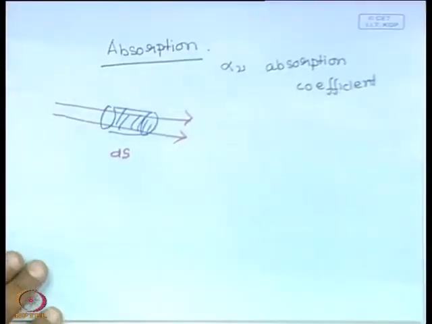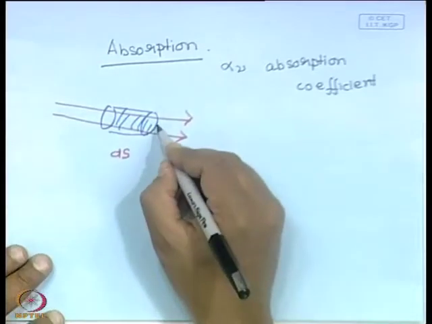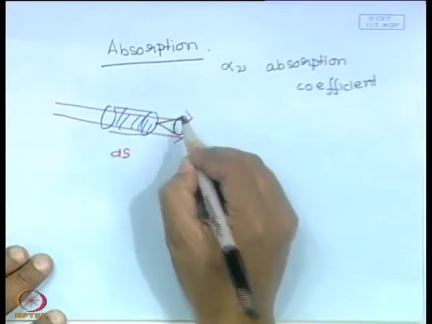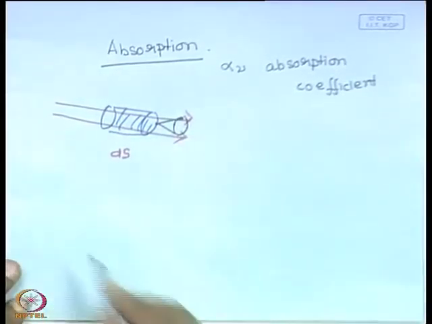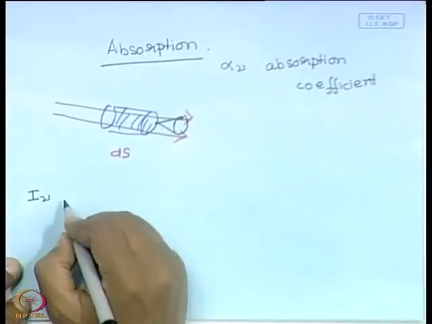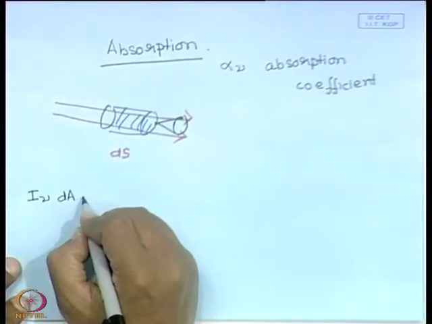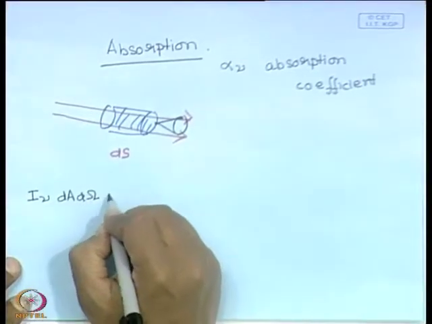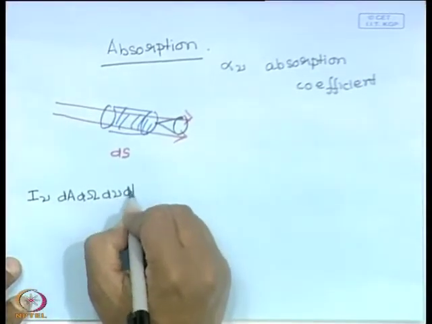Okay. Here again let us go through the same exercise. We are interested only in a certain solid angle. So the incident energy is I nu into dA d omega d nu dt.